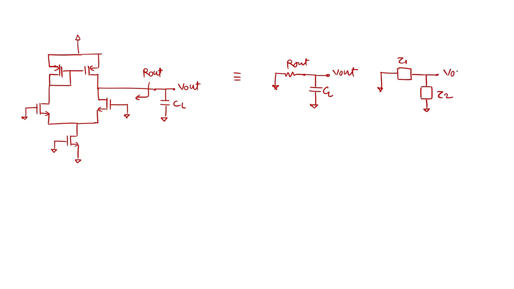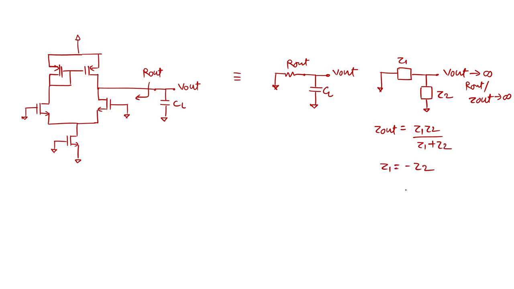To make my output infinite, the only thing is to make the R out, or Z out, infinite. What does that mean? What is the Z out for this structure? Z out for this structure is Z1 Z2 by Z1 plus Z2. So make Z1 equal to minus Z2.